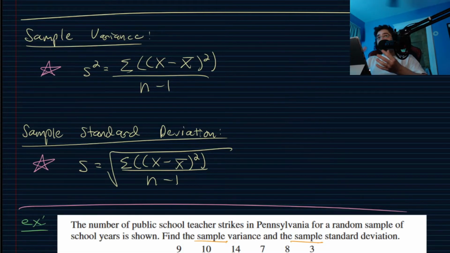And in the questions on the test, I'll always very explicitly state if it's a population or a sample so that there's no confusion on which formula you need to use to get it correct. So again, definitely have to memorize these ones and have to know how to calculate them. So practice, double check, triple check to make sure that you can come up with these using your calculator.